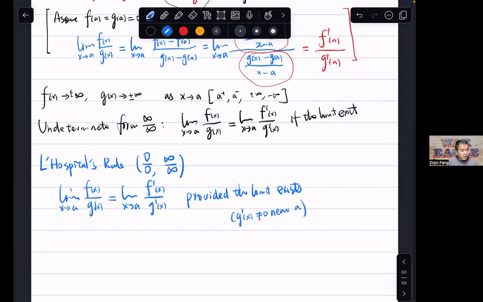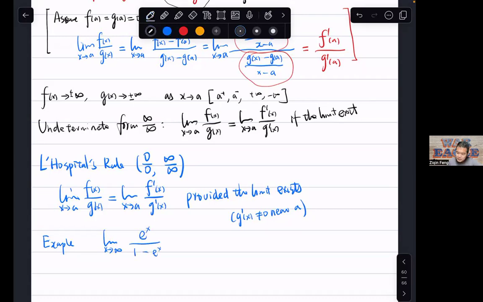So let's see a quick example to finish our discussion in this video. Let's see what's the limit as x goes to infinity of e to x over 1 minus e to x, right?